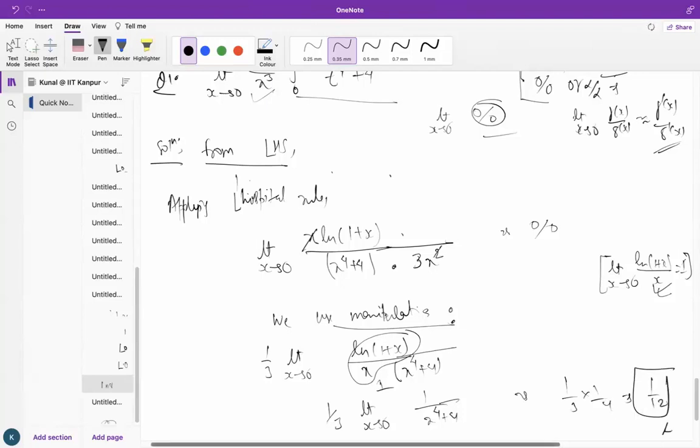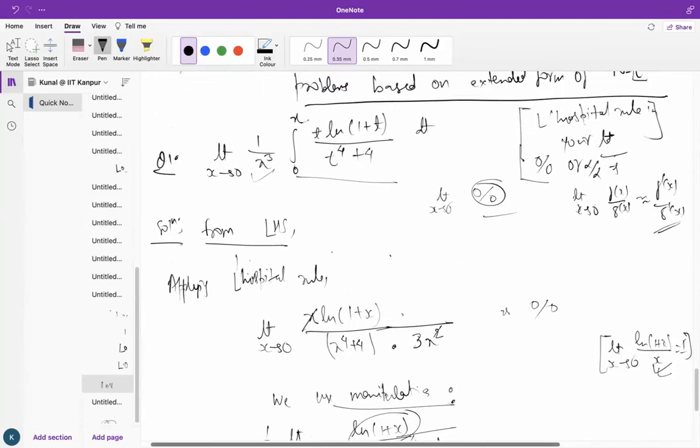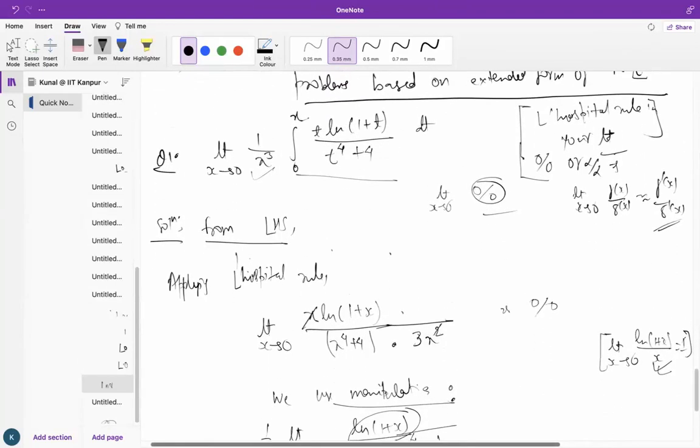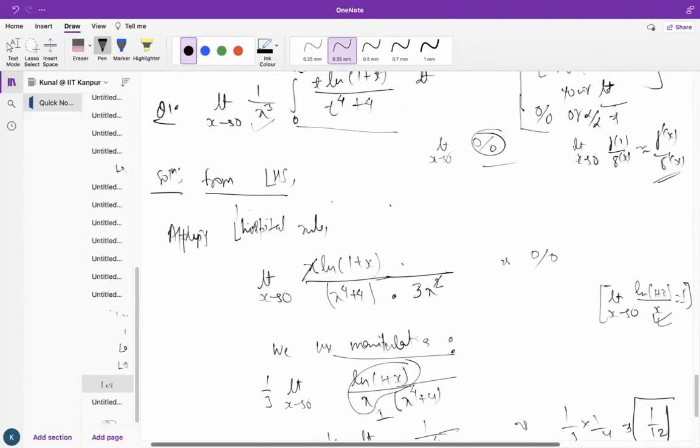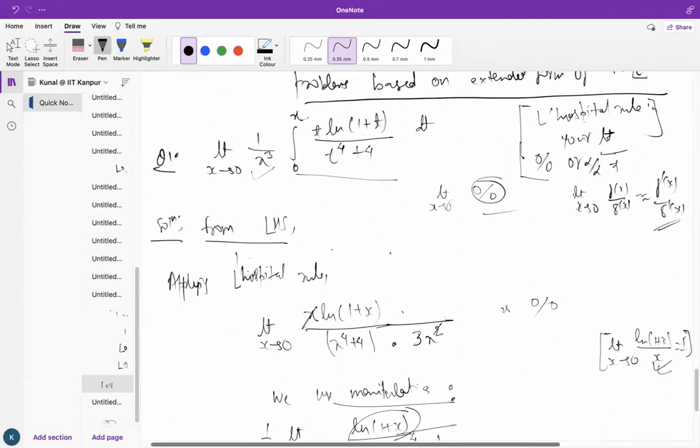I hope you all understand what I have done here. I used a problem based on the extended form of the Newton-Leibniz formula, where we use the concepts of limit plus differentiation plus integration. This is the actual calculus.